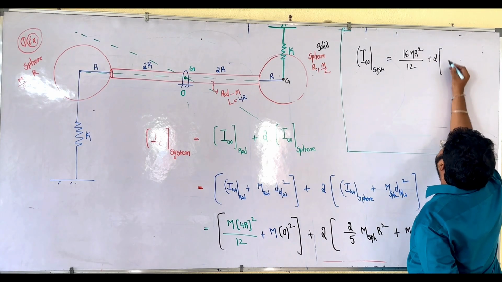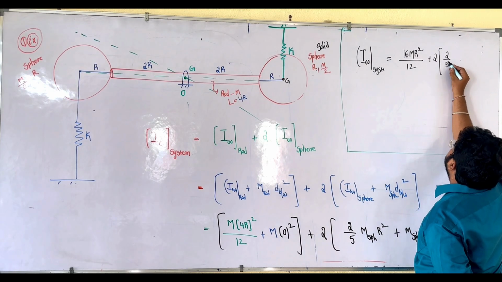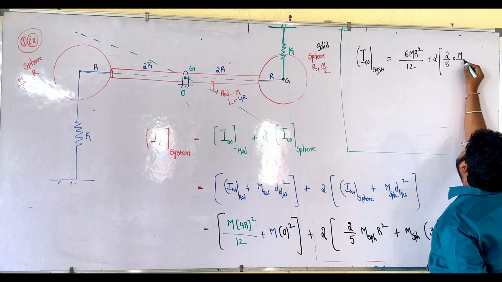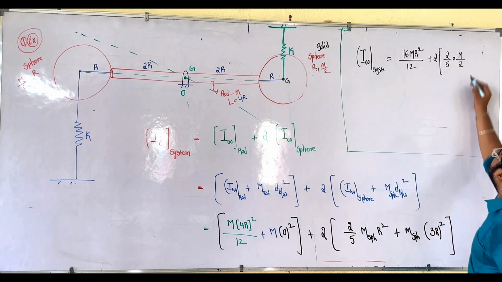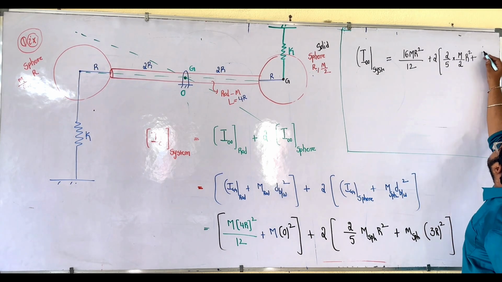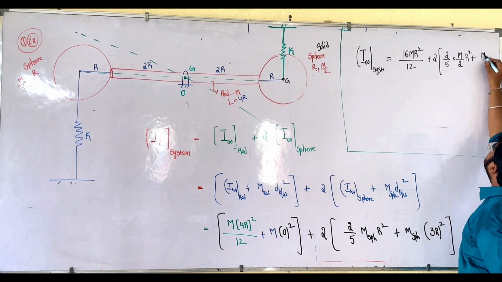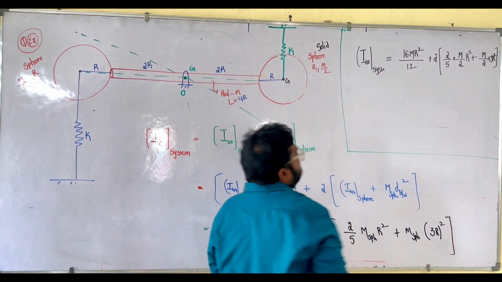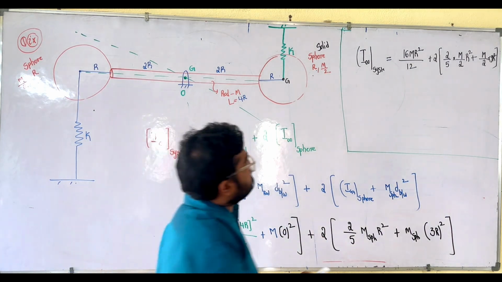2 times of 2/5. What is the mass of the sphere mentioned in the question? m/2 into r squared, plus m/2 into 9r squared. Then how much?